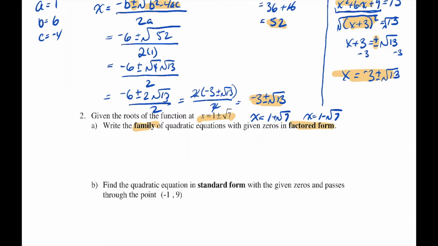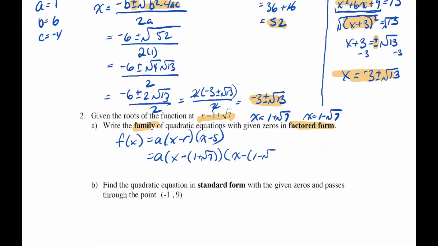So writing out factored form, in general we have f of x is equal to a times x minus r times x minus s, where r and s are my roots. So this is going to be a times x minus, so we have to be careful, remember the brackets here, 1 plus root 7 is one root, and x minus 1 minus root 7 is the other root. We do want to take one extra step to simplify this.